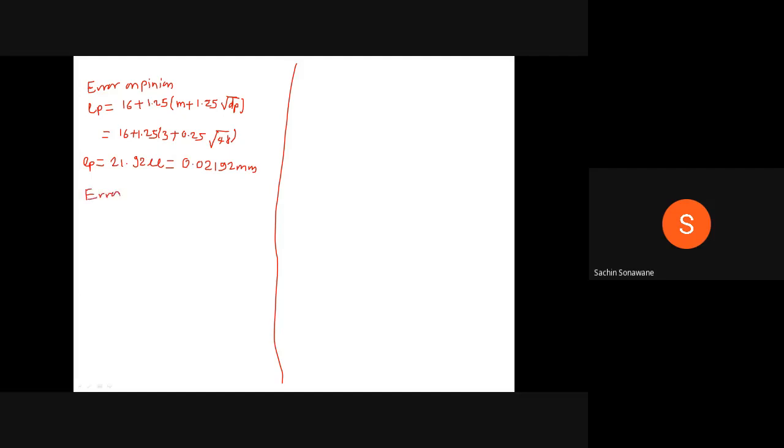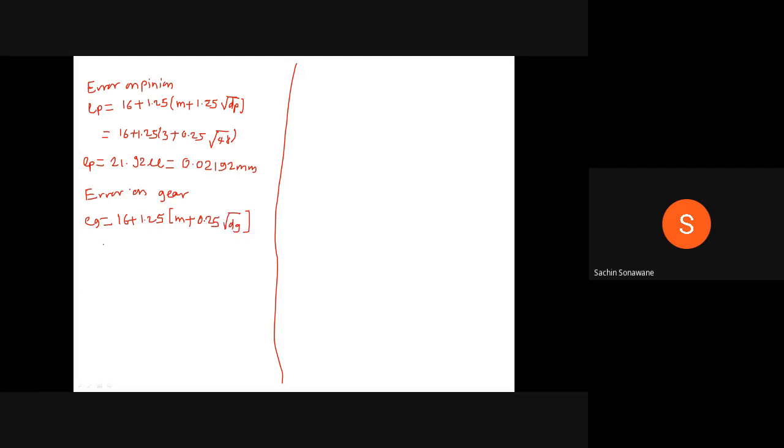Error on gear. eg is equal to 16 plus 1.25 into bracket m plus 0.25 into root dg.